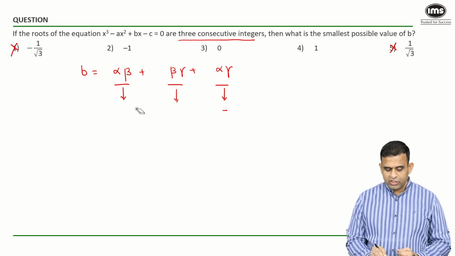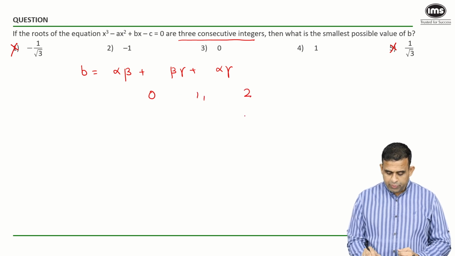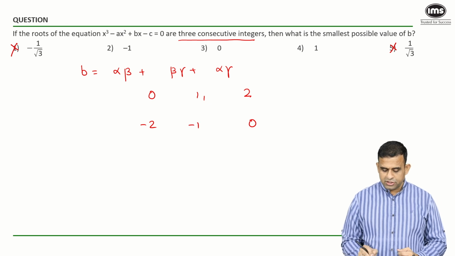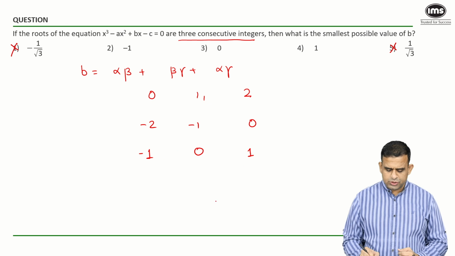So if I assume one of them to be 0, one can try out the numbers 0, 1, 2, or 0 being the largest, then -2, -1 and 0, or 0 can be the middle one, where -1, 0 and +1.